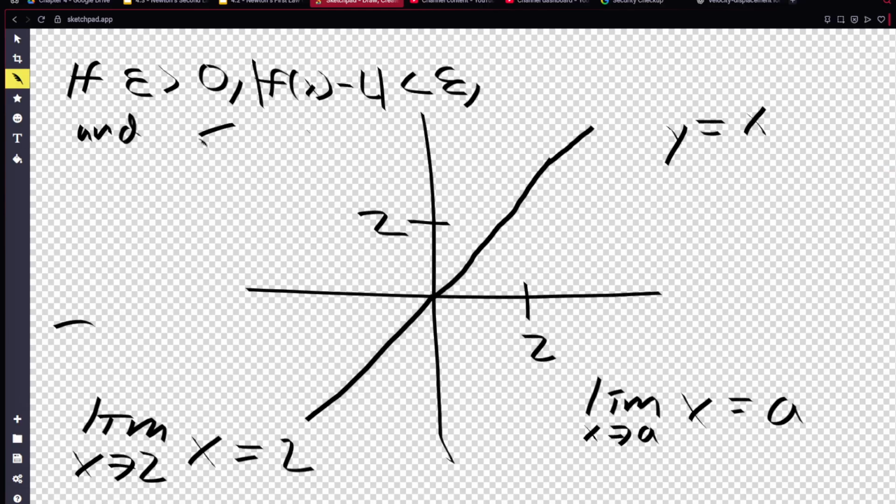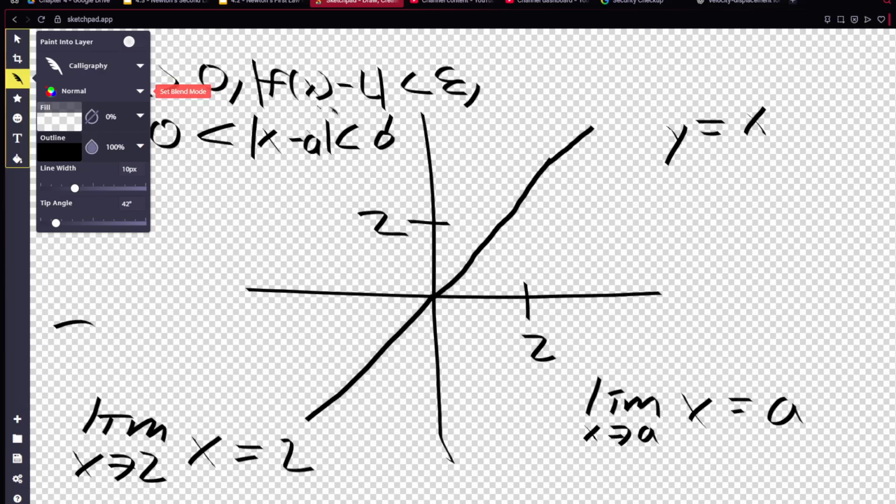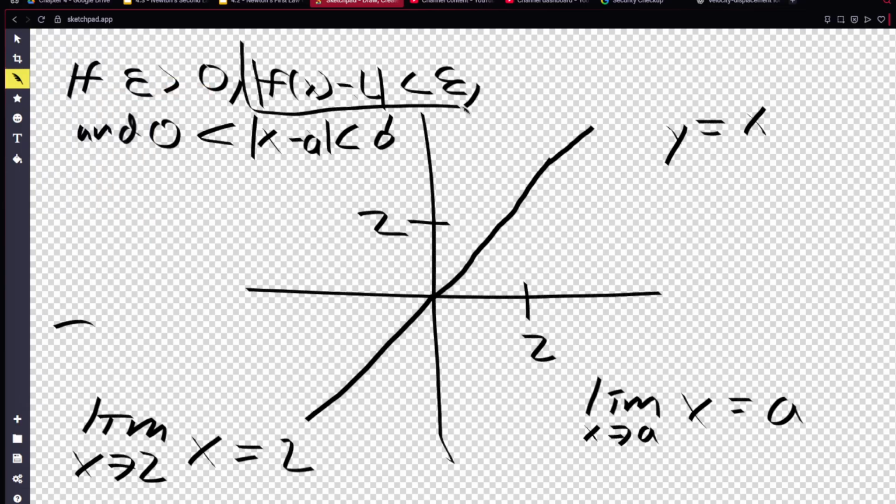Let me write that again. Has to be greater than 0, and the x minus a has to be less than delta, which is another number and symbol. And I can't really explain it that well. So let's go over what this definition is. So the absolute value of f of x minus L is less than epsilon.